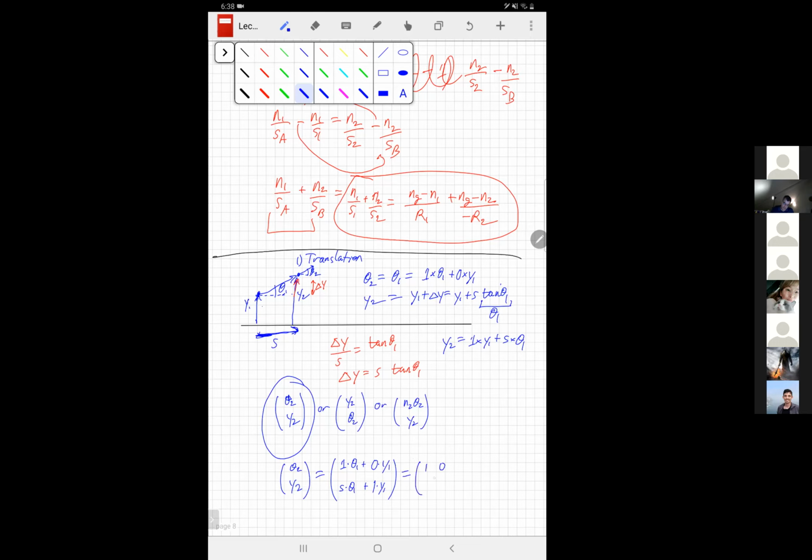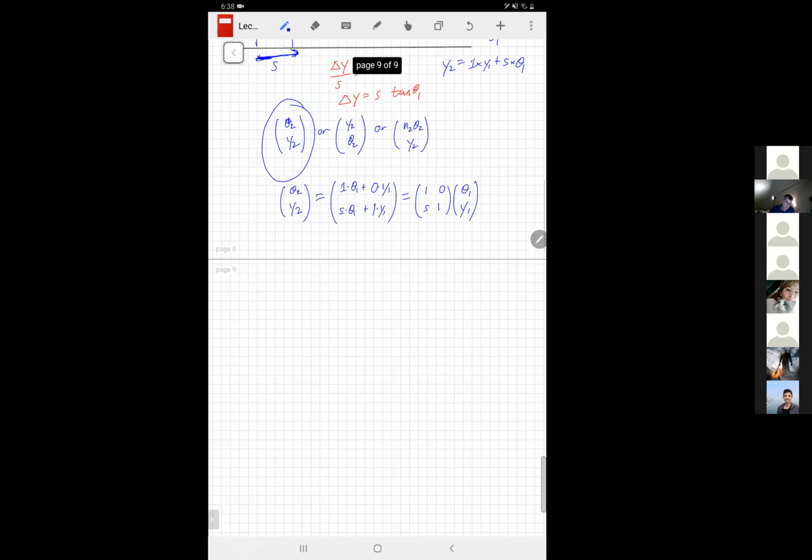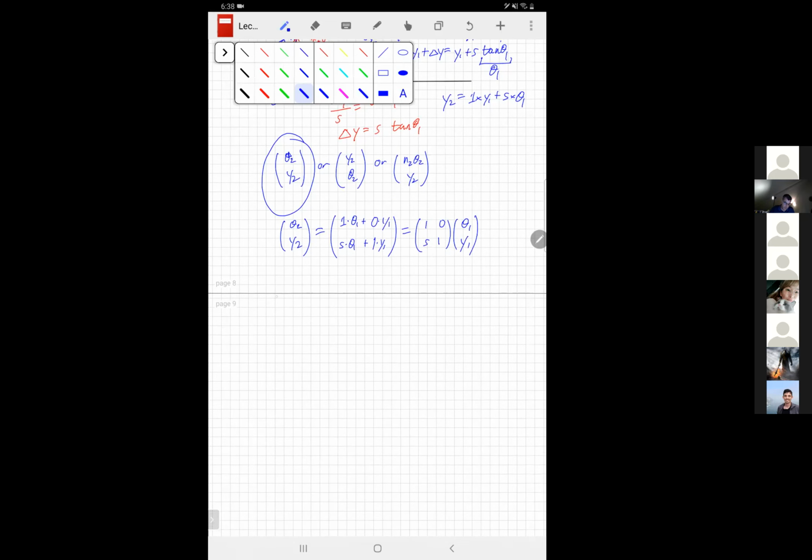So I'll write that as 1, 0, s, 1 acting on theta 1, y1. Any questions? Hearing none, I'll go on. There's another easy matrix, and then we get into some hard matrices.